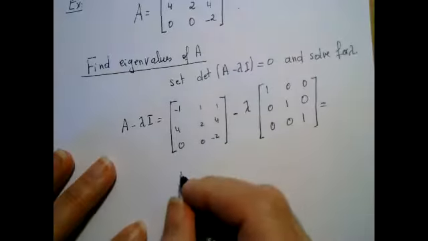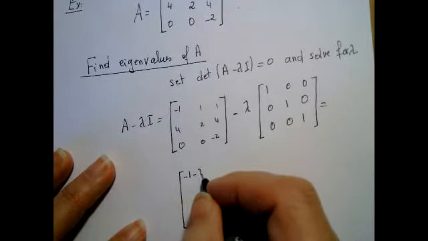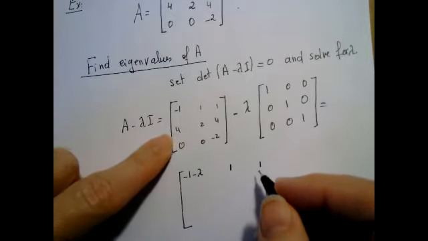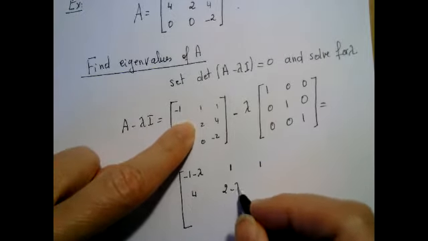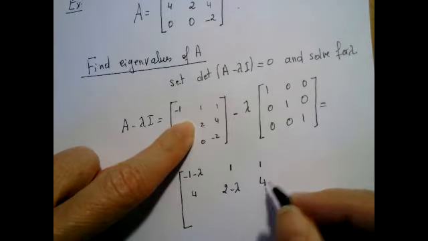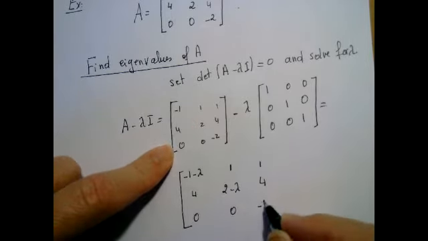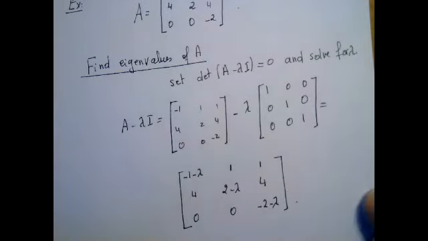And by now we should know exactly what you get. Basically, you take lambda away from the terms along the diagonal, and the others are not touched, because you're taking 0 away from them. So the last diagonal term is -2 minus lambda. So that's A minus lambda I.